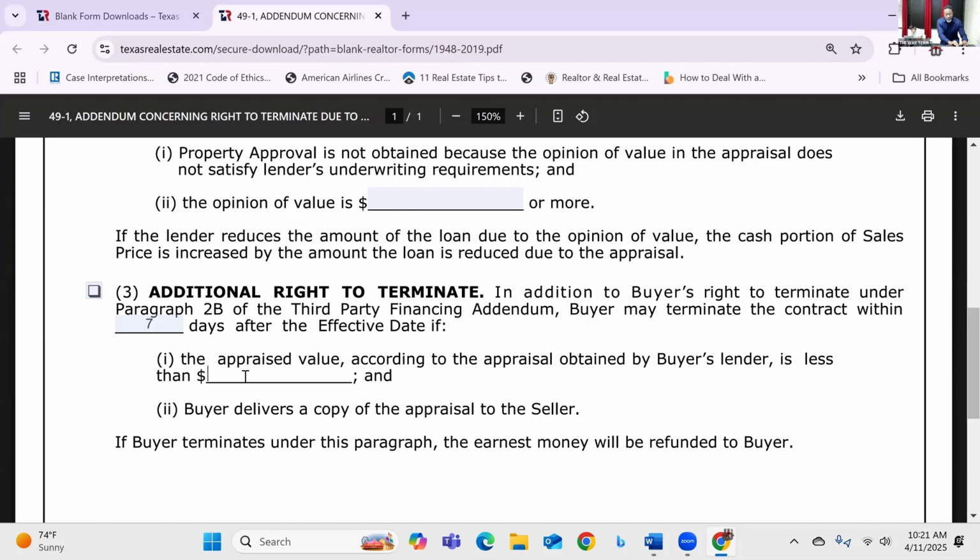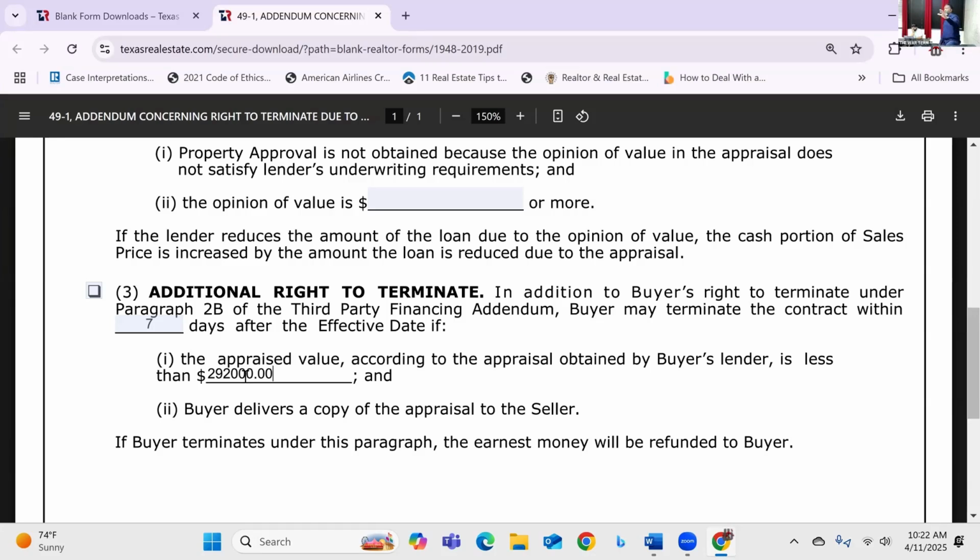They're saying we're willing to go to 292 for this purpose. Now, if the appraisal came out less than 292, they can get their money back. But if it came out at 292 or higher, they would consummate the loan. If it came out less than 292, they would have 7 days to terminate in addition.